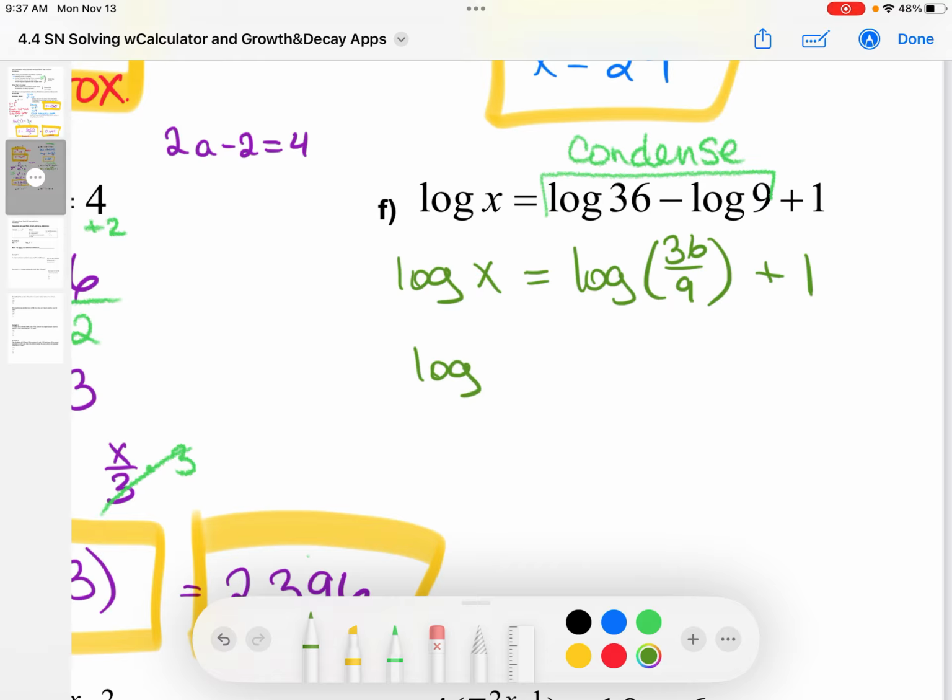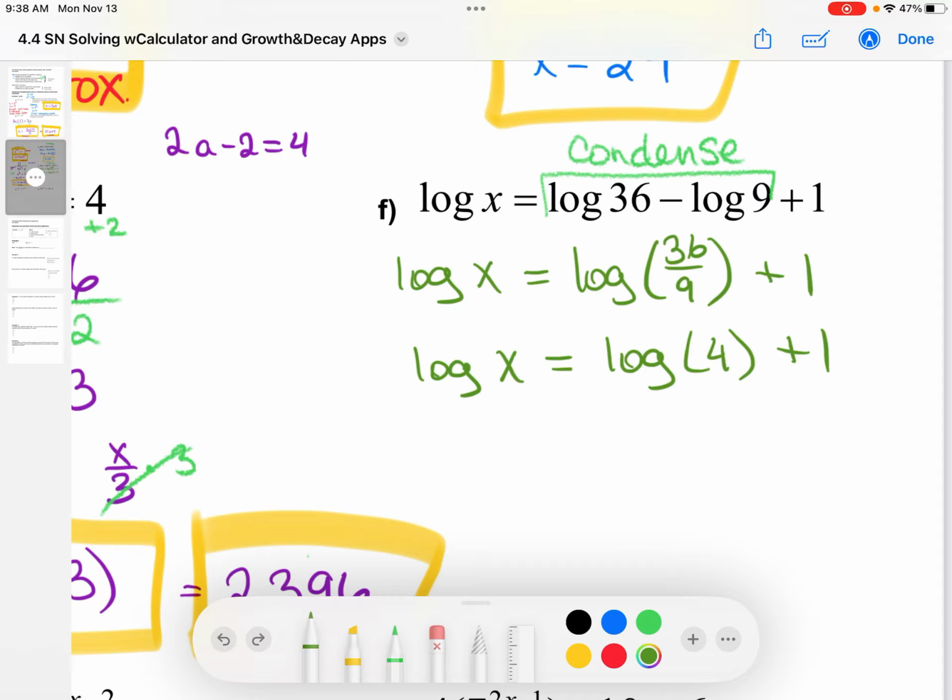So this is log of x equal to log of 4 plus 1. These bases are the same, but this plus 1 on the outside means dropping and crossing is not going to work very well at all.